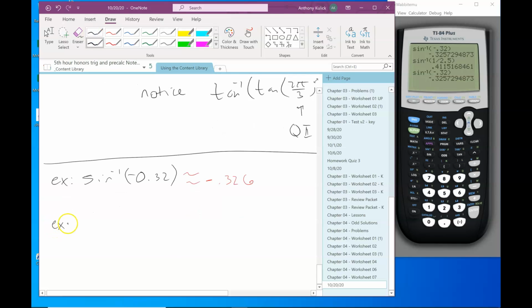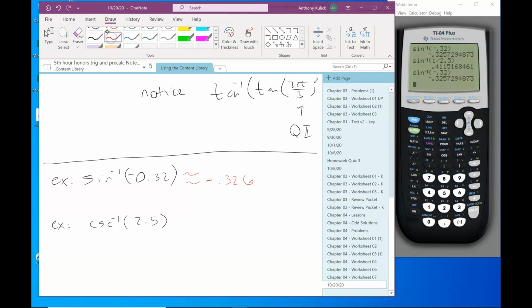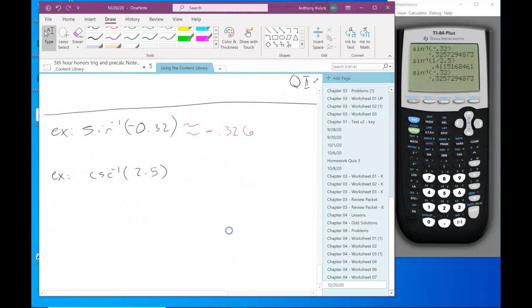What if we instead had asked to do cosecant inverse of 2.5? Is there a cosecant inverse button on our calculator to take advantage of? No. But hopefully we remember, cosecant was related to one of our other trig functions in some way, right?